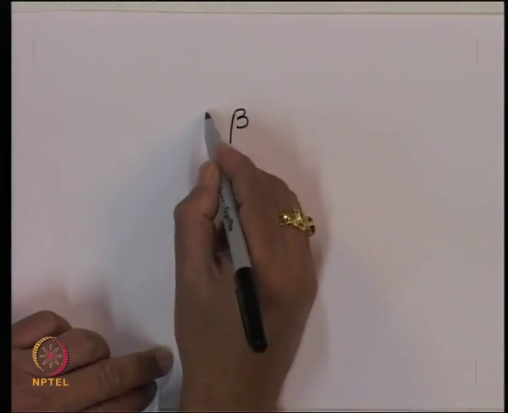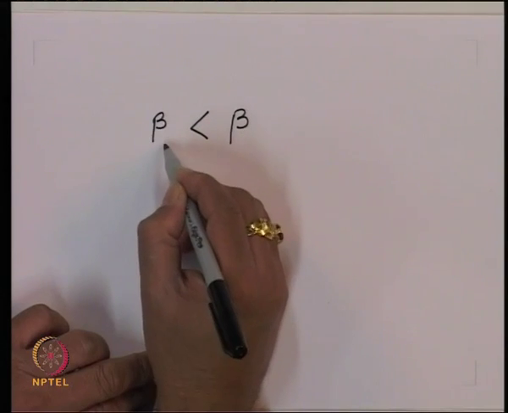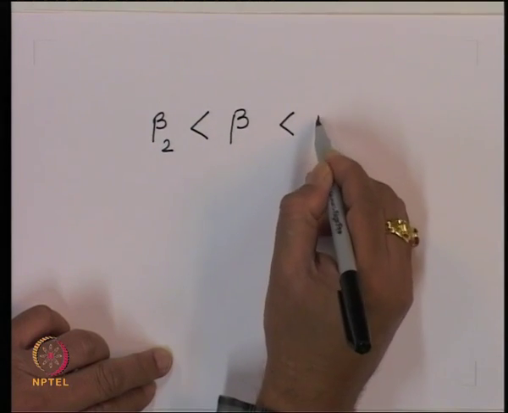So, in this process, by choosing the proper functions, unknowingly we have already committed to the range of beta. What we are saying is beta cannot be any arbitrary thing now. Since U has to be real, beta has to be less than beta 1, and W has to be real, so beta has to be greater than beta 2. So, essentially we are saying this propagation constant beta is bound by two limits, beta 2 and beta 1.